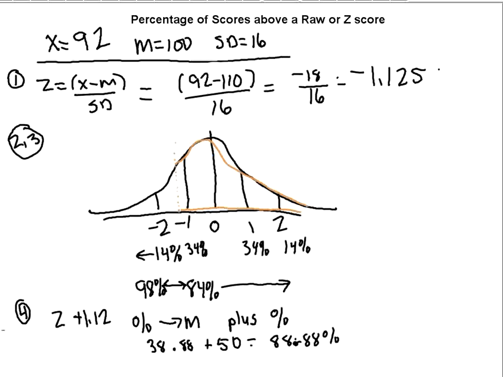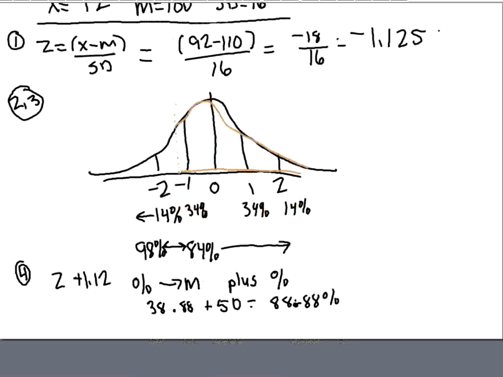Step number 5, I'm going to scroll down just a shade to see what it tells us. Step number 5 wants us to check to see if we got the right answer. We need to see if our region here is true for where our actual score was.